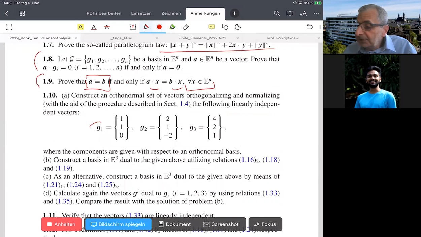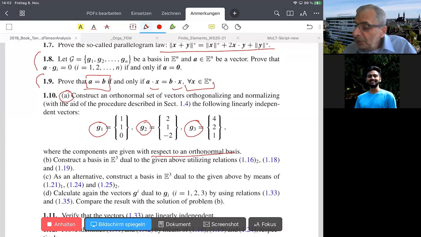Consider 3 vectors with these components with respect to an orthonormal basis in 3-dimensional space, right? Components are given with respect to the orthonormal basis. And first, you have to apply exercise A here to construct the orthonormal basis using the Gram-Schmidt procedure.